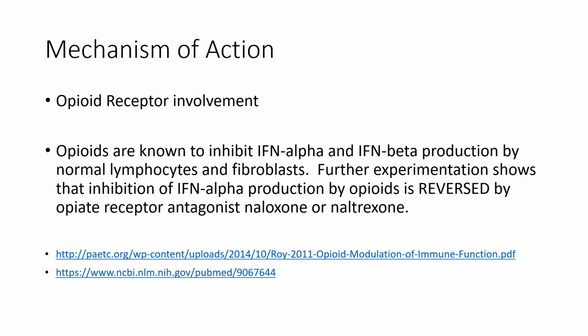Okay, so let's talk about opioid receptor involvement. Opiates are known to inhibit IFN alpha and IFN beta production by normal lymphocytes and fibroblasts. Experimentation shows that inhibition of IFN alpha and beta production by opioids is reversed by opioid receptor antagonists such as naloxone and naltrexone.